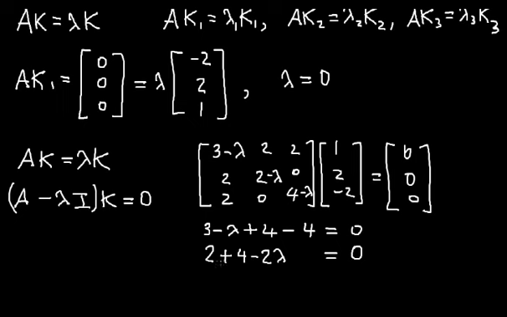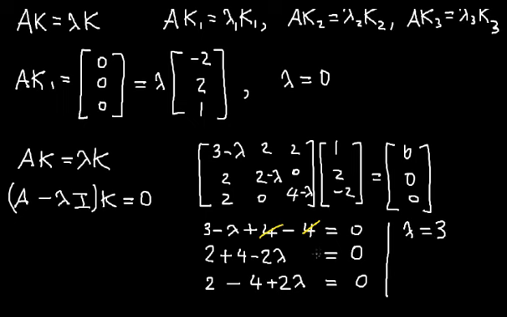Then the third entry is 2 minus 4 plus 2 lambda, and that should also be 0. So now the question is whether there is a lambda which makes all of these equalities hold, and so we can simplify these equalities, of course. We get here the 4 goes away, and we get lambda equals 3.